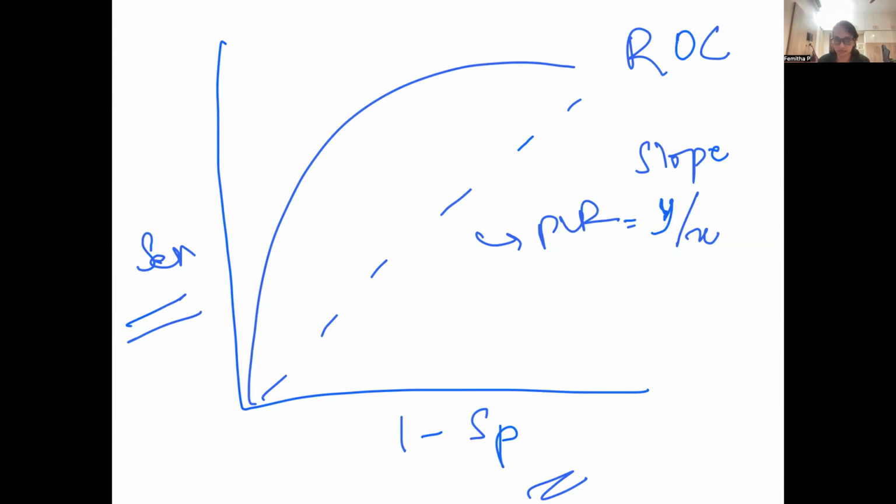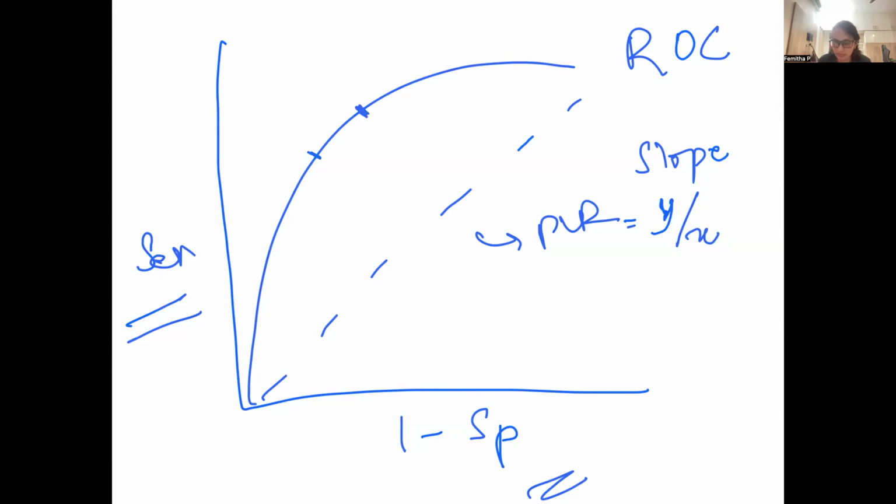One has to be a little careful when making this conclusion. What we are actually saying is that delta y upon delta x is the slope. Say between any two values of the test result, that slab of values, suppose you take a CRP of 5 and a CRP of 10.